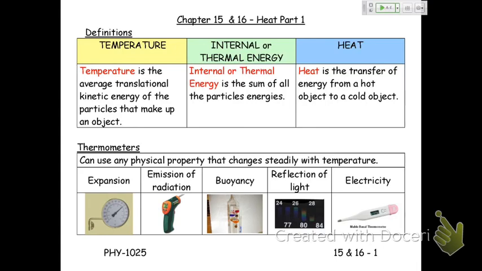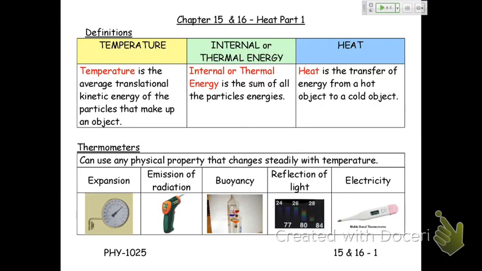If I touch a substance with a lot of internal energy, it may or may not be hot. If I touch a substance with a little bit of internal energy, it may or may not be hot. Temperature is not a good measure of how much internal energy is in something. Temperature is a good measure of the average energy per particle, the average kinetic energy per particle.